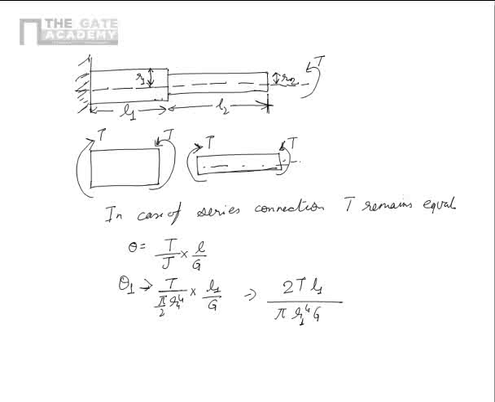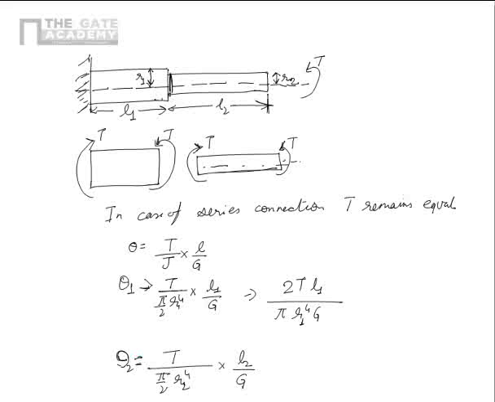Now the twist in the second bar is again the torque carried by it, which is T upon pi by 2 R2 to power 4 multiplied by L2 by G. But you have to keep in mind that this twist is with respect to the cross section here.